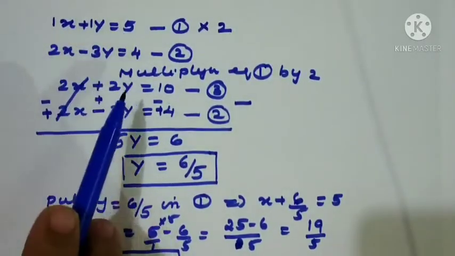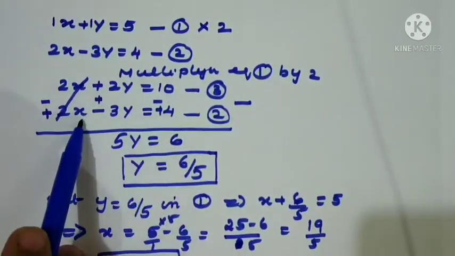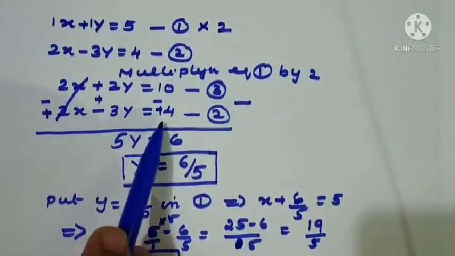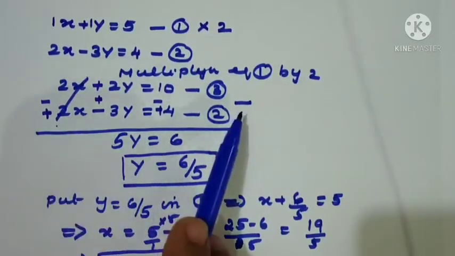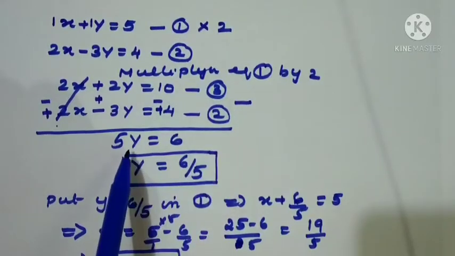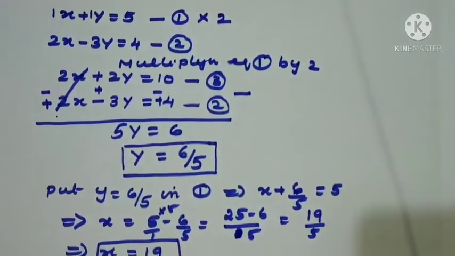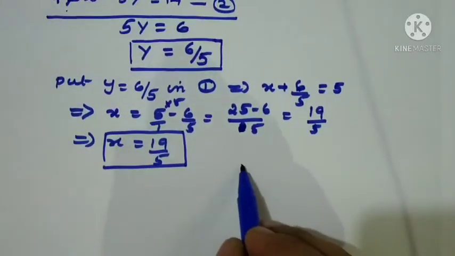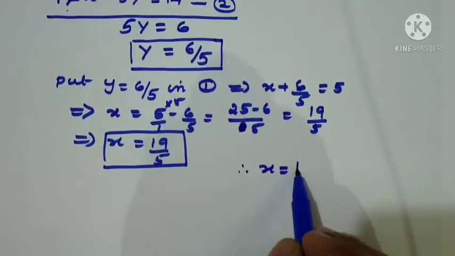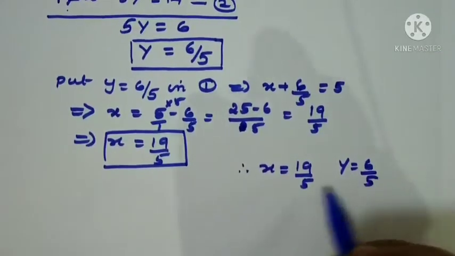All the terms I have multiplied with 2. Now I just kept below the second equation, 2x minus 3y equal to 4. I compared the coefficients, both are plus, so I have to do minus. After solving this, I got y equal to 6 by 5. Then putting y equal to 6 by 5, we get x. So we got the answers. Therefore, x equal to 19 by 5 and y equal to 6 by 5.